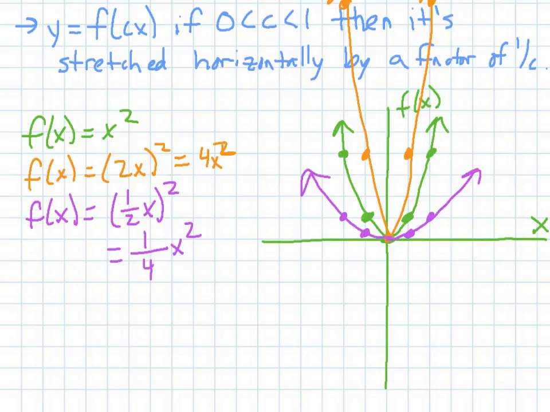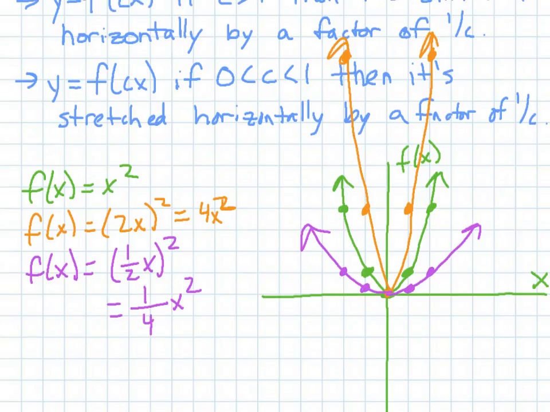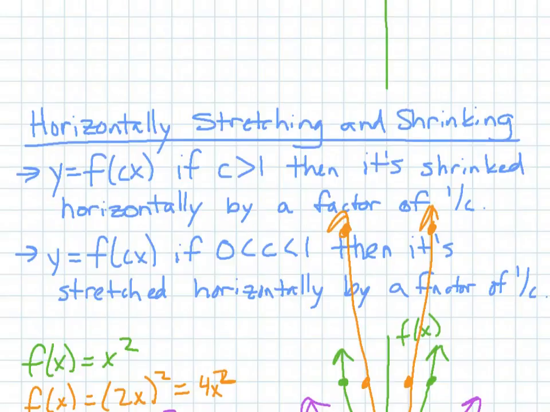So those are kind of like the same thing in essence. So the opposites for your vertical. Vertically stretching is the same thing as horizontally shrinking, and vertically shrinking is the same thing as horizontally stretching. Okay? So they're kind of like the opposites.